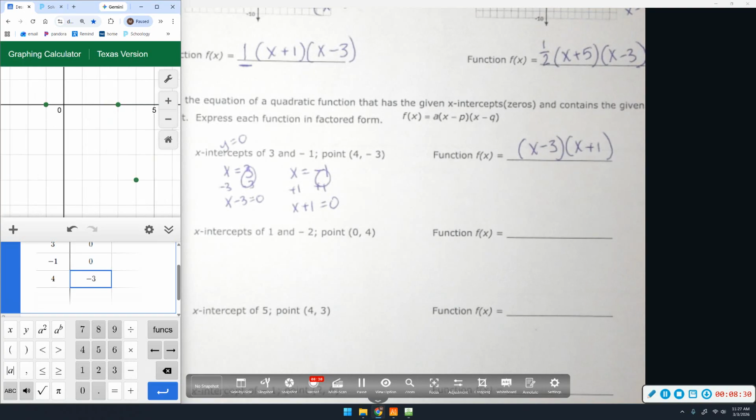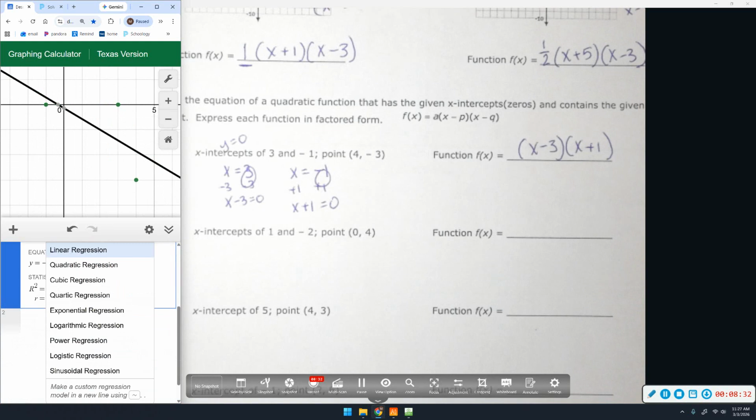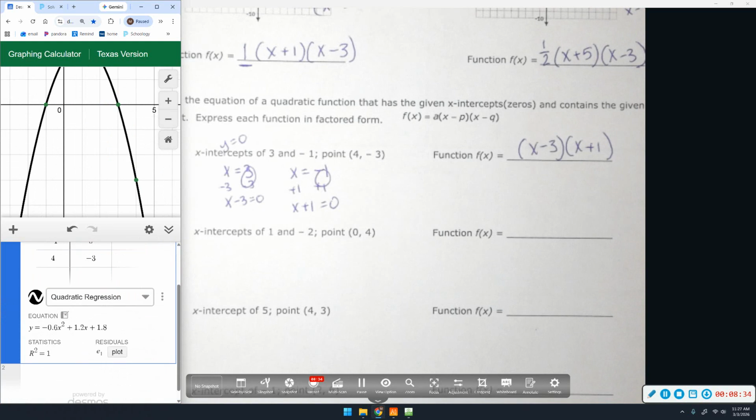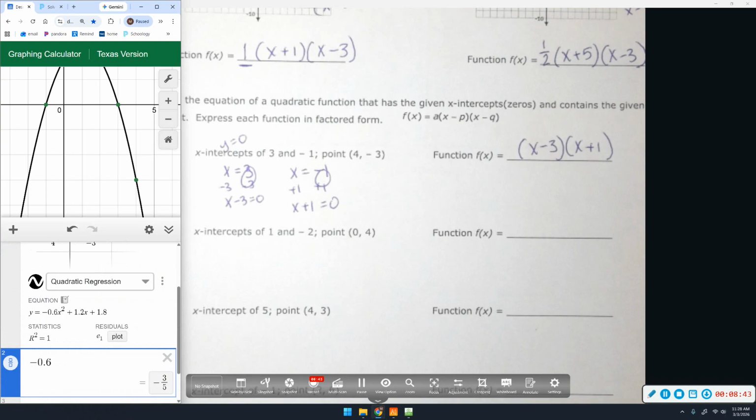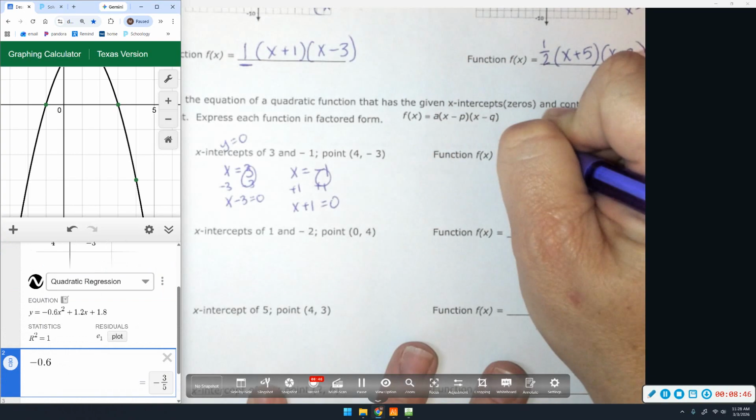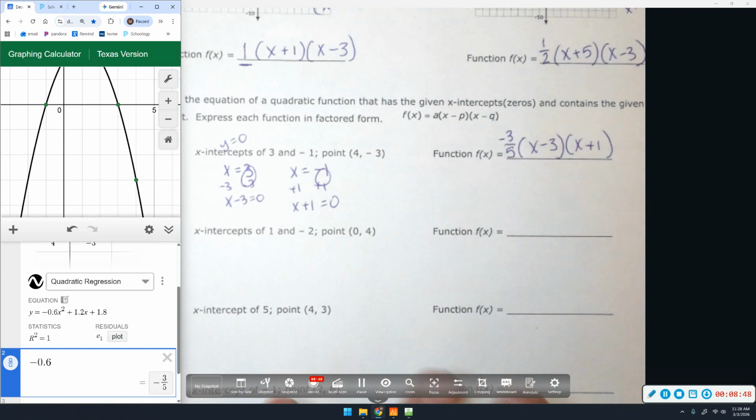So we're going to click the fancy button, change it to quadratic, and what is my A? -0.6, which I don't know what that is as a fraction, so I'm going to type it, and it's -3/5.